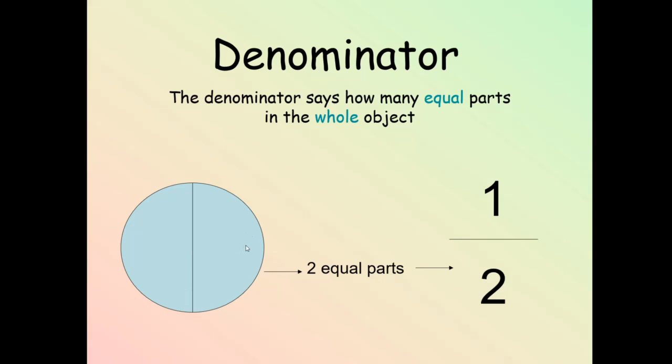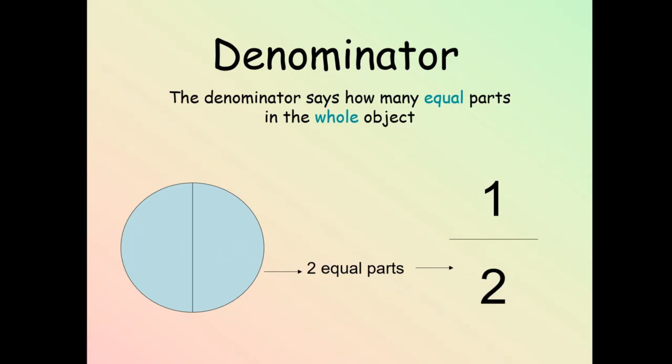The denominator will specify how many total parts we have, so count everything. We have 1 and 2, that's why our denominator is 2.